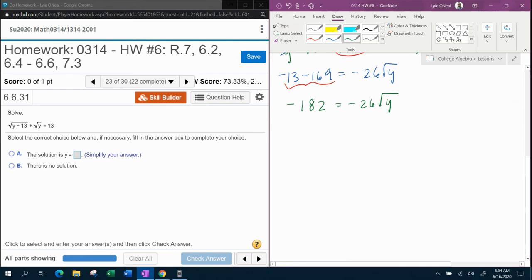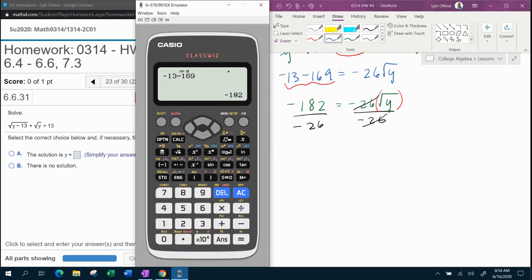And then remember, we're trying to get the radical by itself. So I now need to divide by the coefficient. So we're going to divide both sides by negative 26 and see how that gets the radical all by itself, okay? So now we need to know what is negative 182 divided by negative 26.